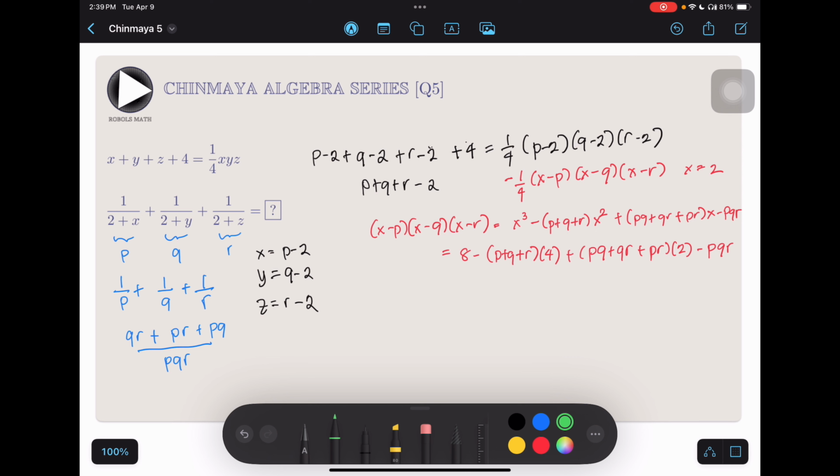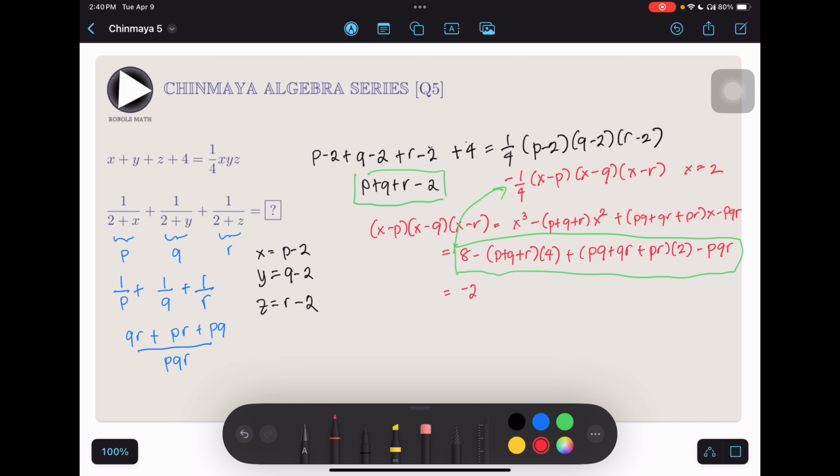Therefore, we have p plus q plus r minus 2 equals this times a factor of negative 1/4. If we consider the factor of negative 1/4, this expression becomes negative 1/4 times 8, which is negative 2.